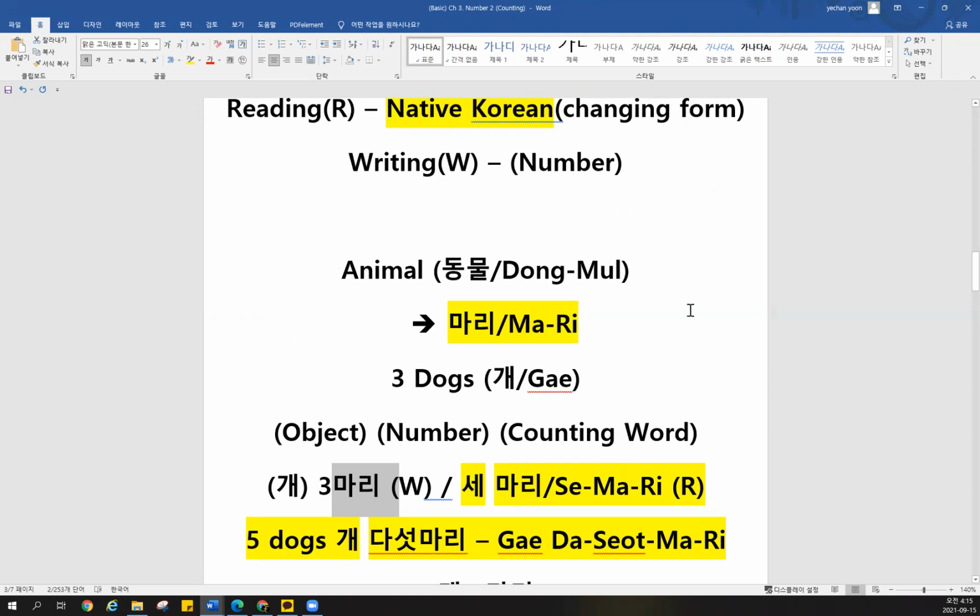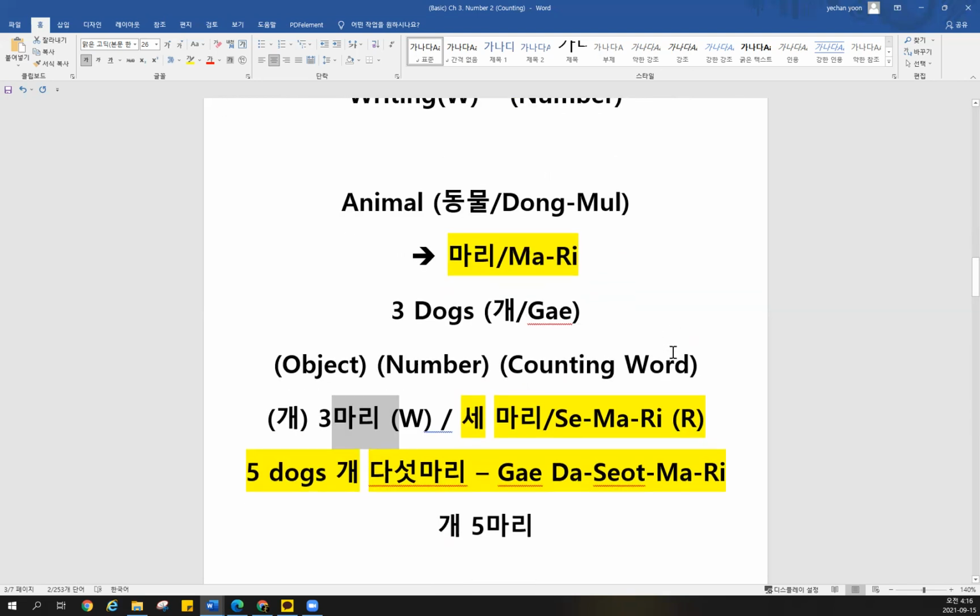So it's not 개 셋 마리, okay? If we say 개 셋 마리, it sounds a bit like a Korean curse, not exactly, but a bit tough. So the changing form is going to be 새, so 개 세 마리. 개 세 마리. Okay.